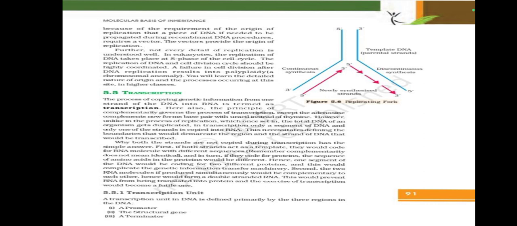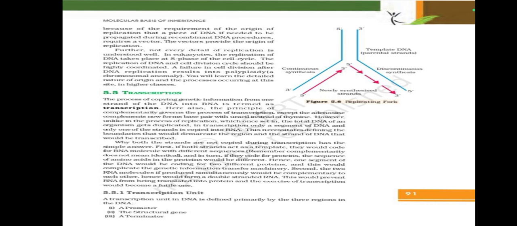However, unlike in the process of replication, where once set in, the total DNA of an organism gets duplicated, in transcription only a segment of DNA and only one of the strands is copied into RNA.